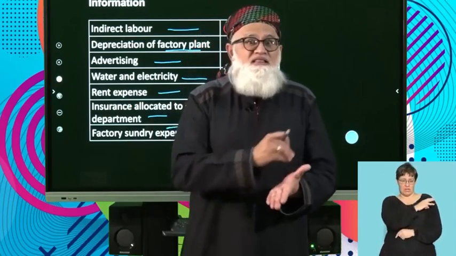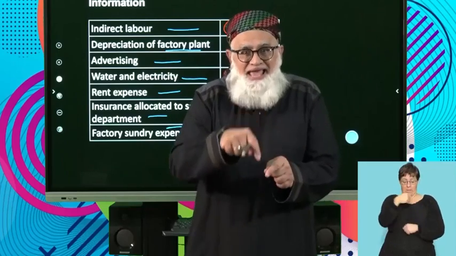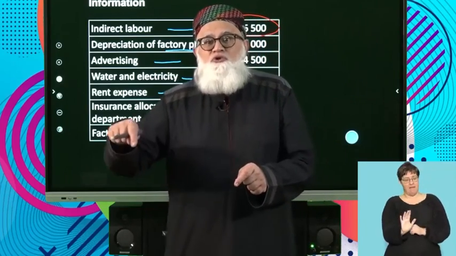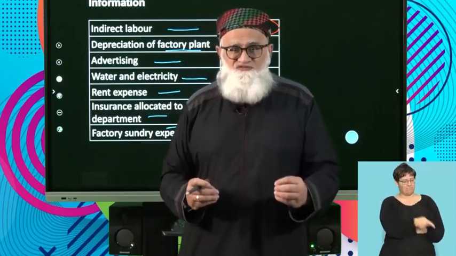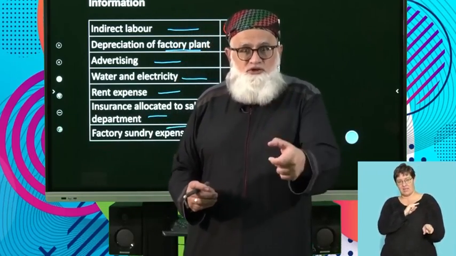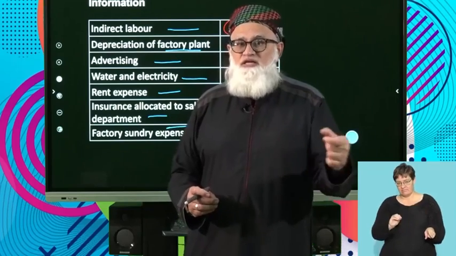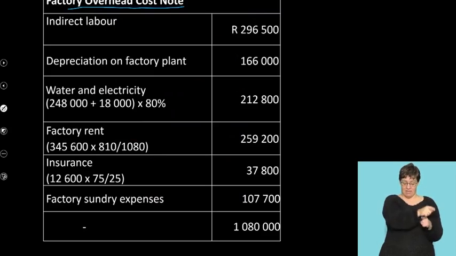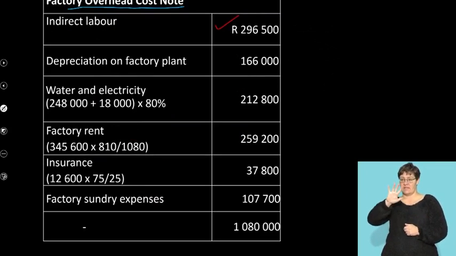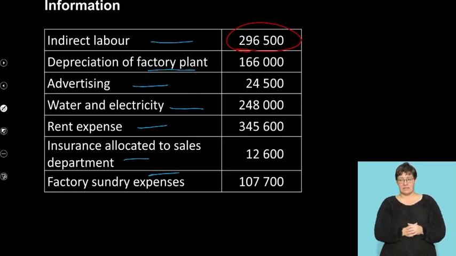People working in the factory but not actively involved in the production process. They're not part of the production line. Therefore, that cost component will go to factory overheads. So we've got indirect labor, and there we go, 296,500.